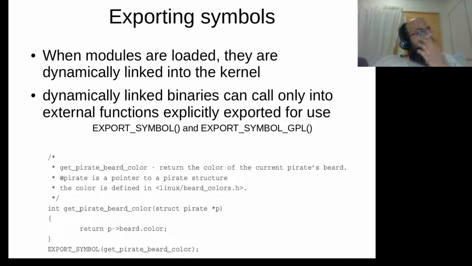Here's an example. Suppose that you want to export this function, which is called get_pirate_bird_color. You want to expose get_pirate_bird_color. You will define it, and then you will EXPORT_SYMBOL get_pirate_bird_color.